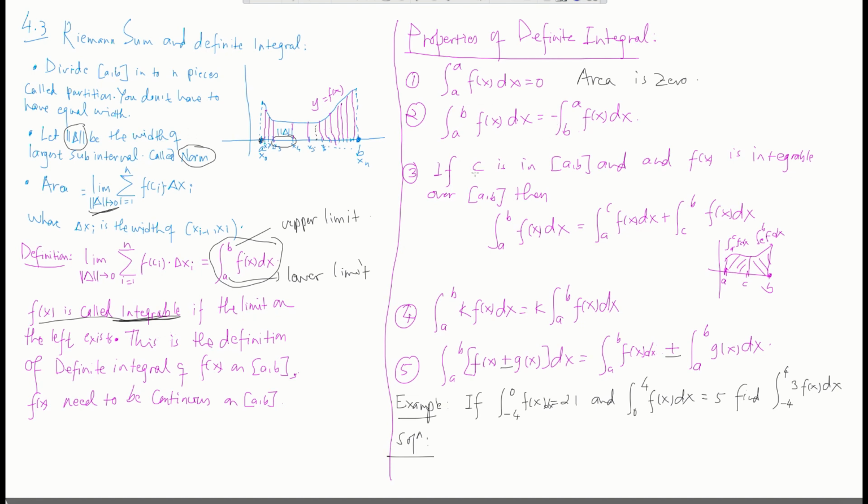Next property: if c is in the interval [a, b]. Suppose there is a, there is b, and there is a point c here.